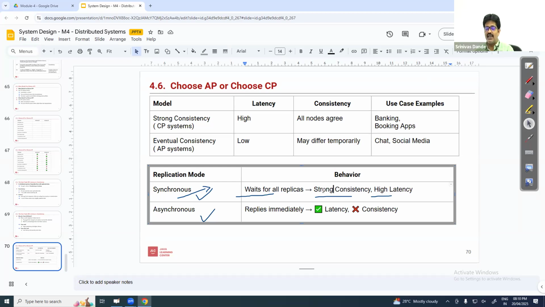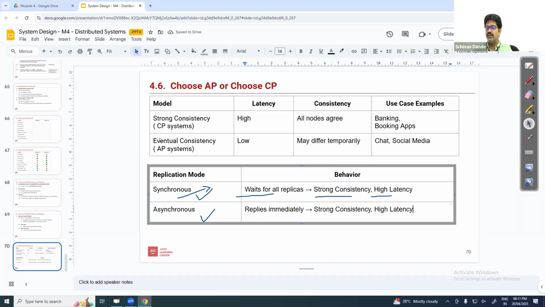And asynchronously, I don't want to wait. If you don't want to wait, in that case you have to go with asynchronous only. Asynchronous means do the write operation, respond to the user, and later, slowly, asynchronously, it will do the replication over the read replicas. So it replies immediately, asynchronous.